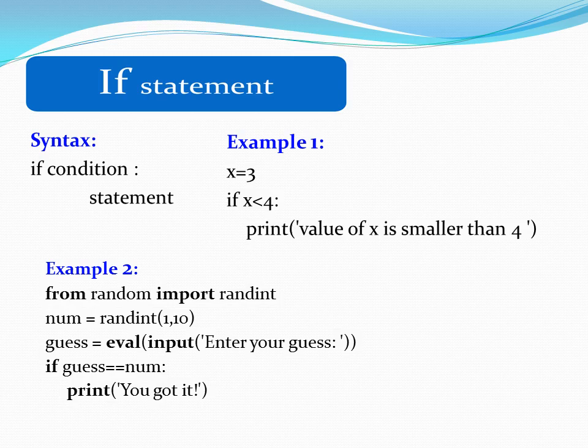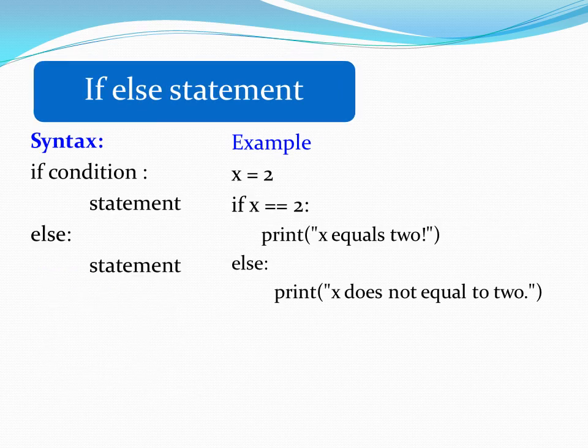Now we go to our next type of if statement, that is the if else statement. If the condition is false, then we want to execute something else. In this case, the syntax of the statement will be if condition and a colon, statement, and if the condition is true, then the statement related with the if will execute.